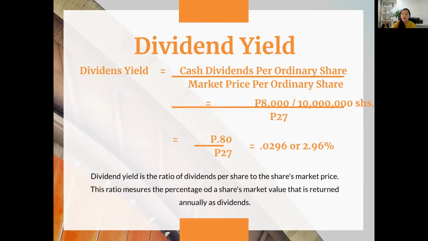That means 2.96% is the dividend yield. Dividend yield is the ratio of dividends per share to the share's market price. This ratio measures the percentage of the share's market value that is returned annually as dividends. Of course, class, if you're an investor, you want to know how much yield you will get. This is a wrong spelling, dividends should be with a D, right?